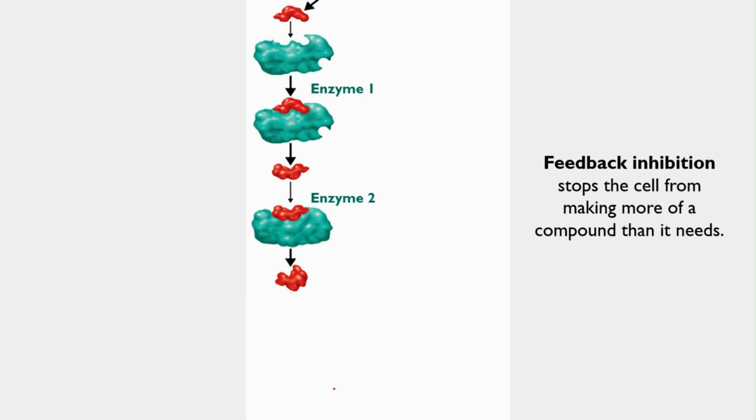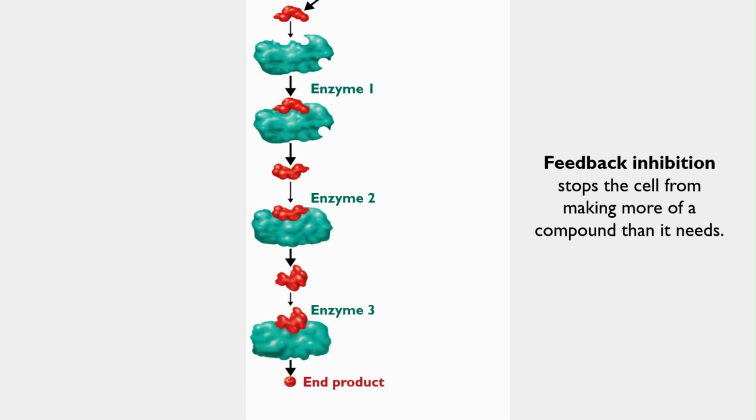The product produced is then converted into another until eventually a desired product is produced. However, the cell needs to be able to turn the orchestra off when it has enough desired product. In this way, the cell is not being wasteful or making too much of a good thing, which could lead to a disastrous consequence. One way the cell does so is through the use of feedback inhibition.